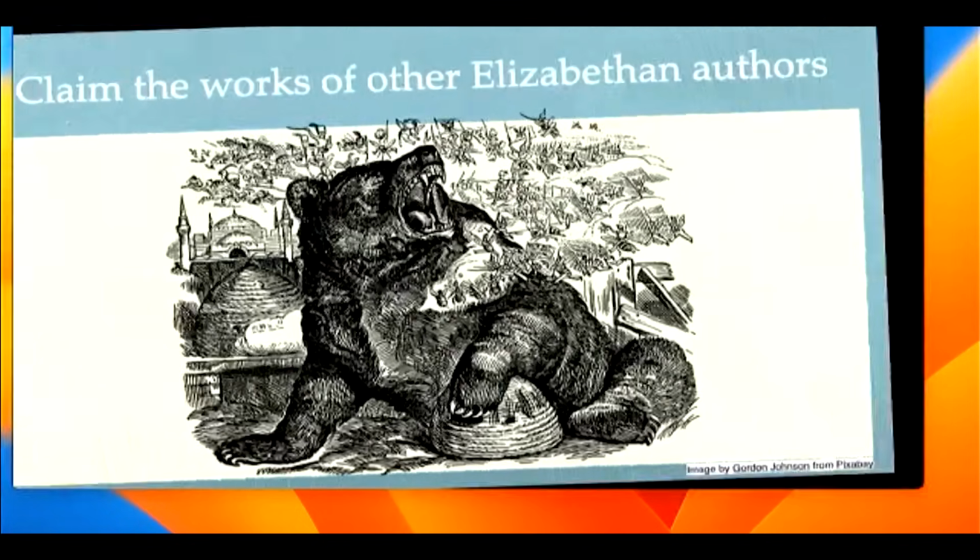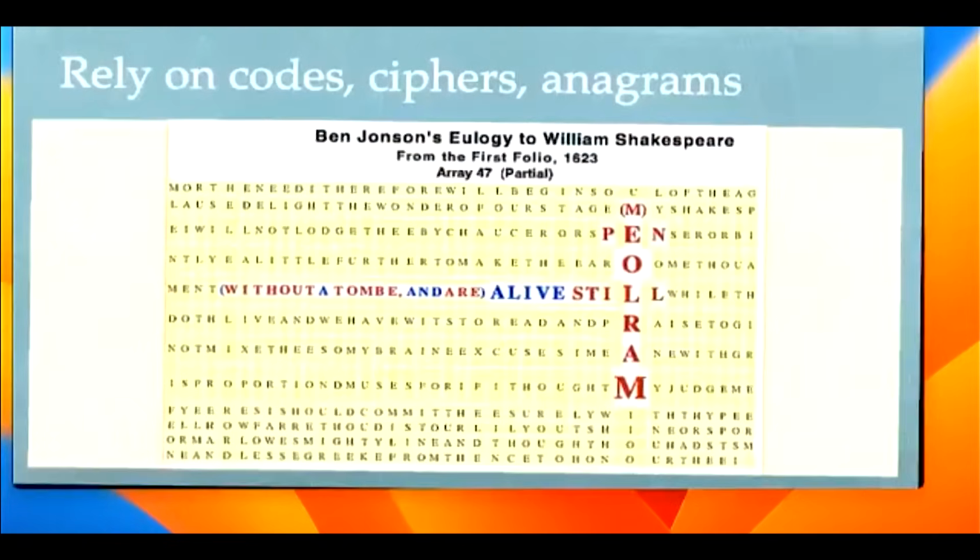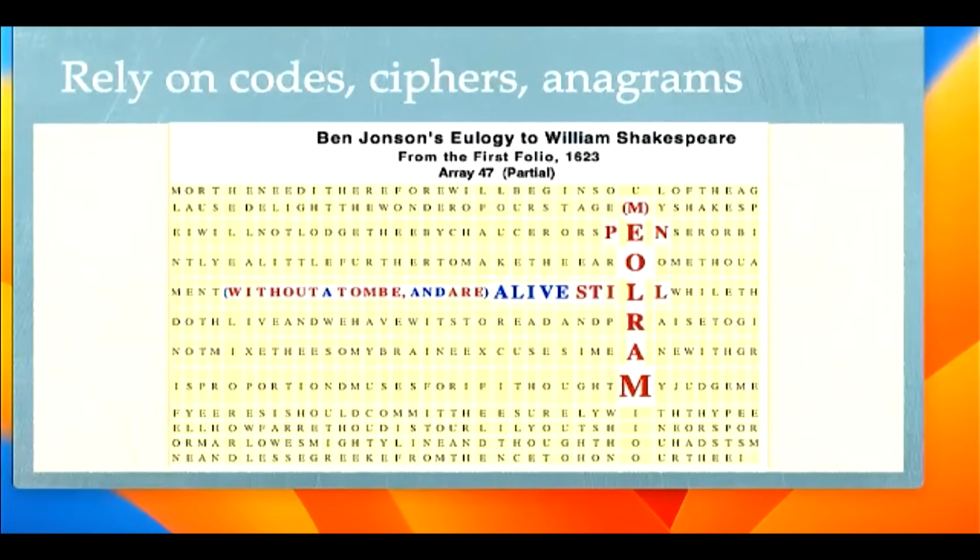Okay. And yes, a reliance on codes, ciphers, and anagrams. I know they existed. I know John Dee existed and had ciphers, but these are never going to get taken seriously in academia or the mainstream press. The whole Bacon case originally folded because of ciphers.